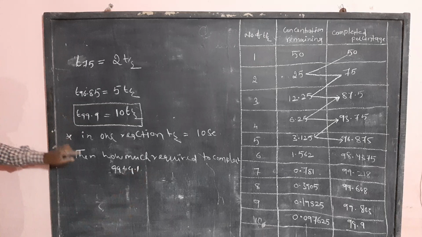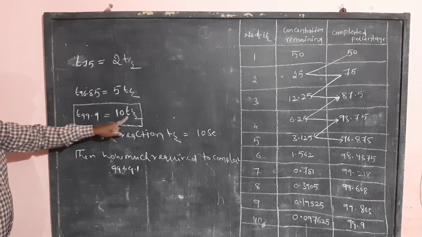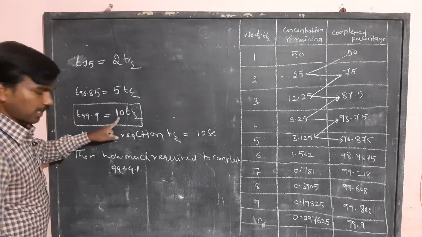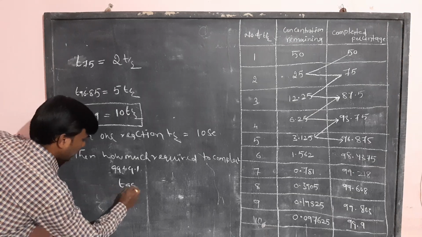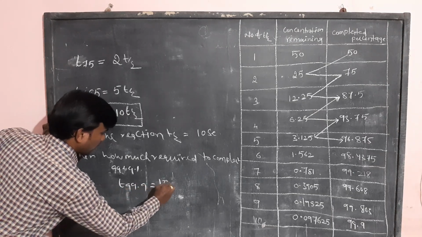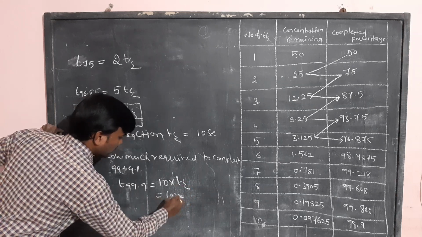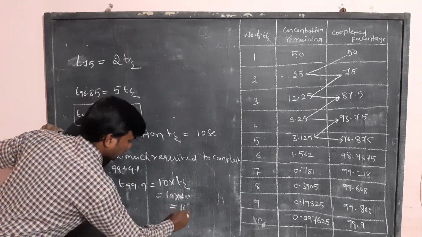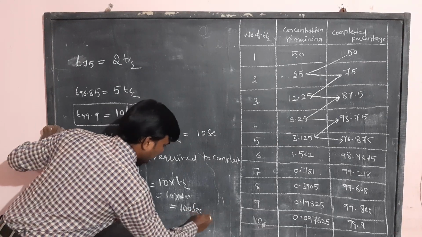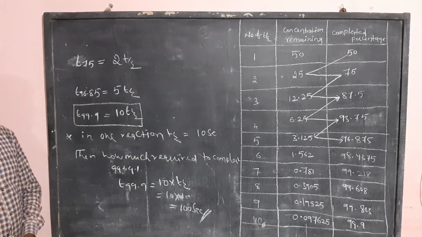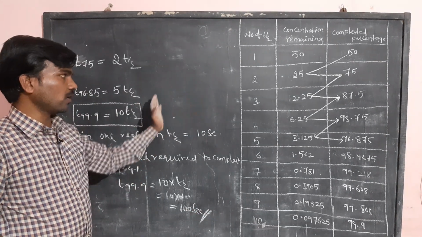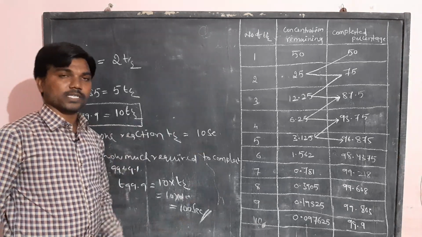We have a relation between T99.9 and T half: 10 times. So T99.9 is equal to 10 into T half, right? Here the T half value is 10, so 10 into 10 is 100. So to complete 99.9%, it requires 100 seconds. Based on this table, you can find out the relation between T half and some other percentage.